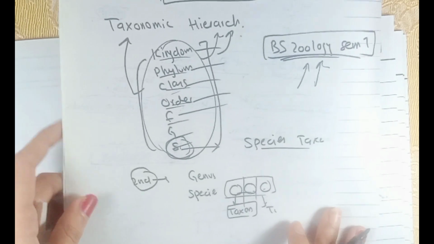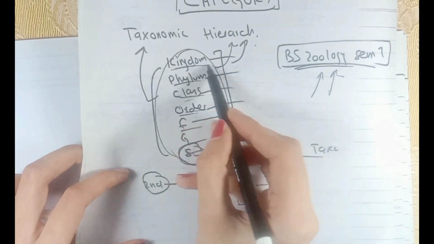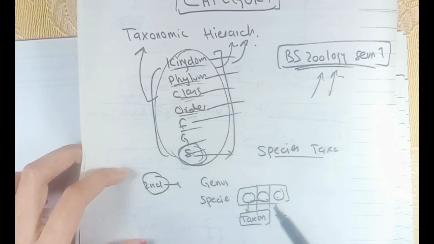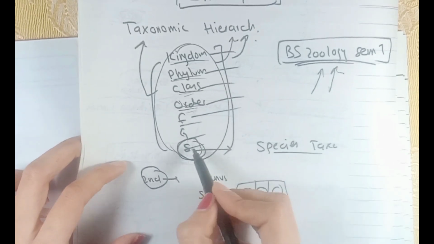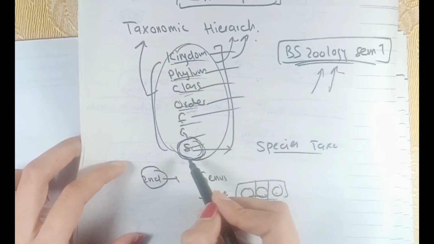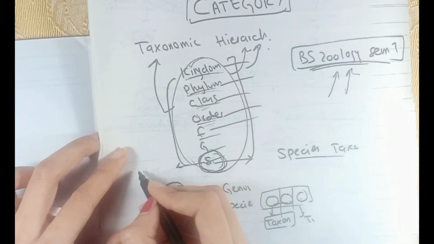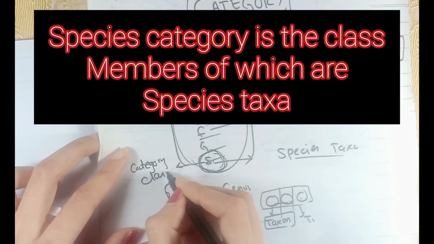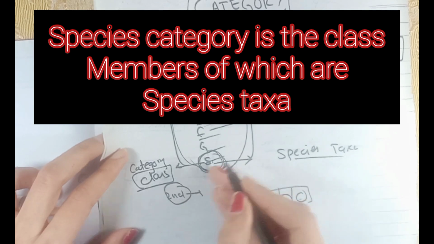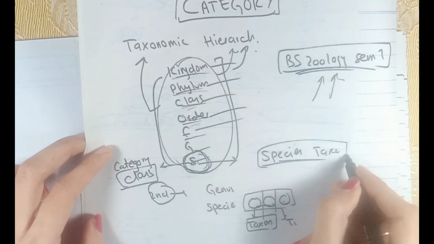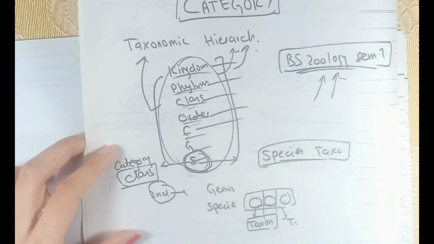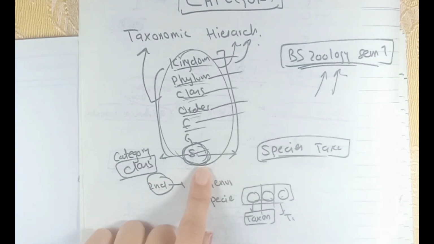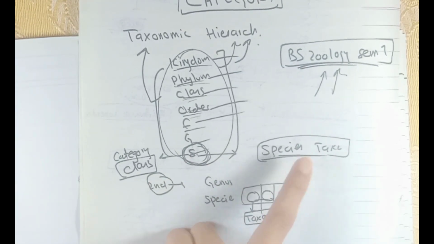So here it is clear that these are the categories: kingdom, phylum, class, order, family, genus, species. And when we talked about the species category, it is the class, and in this class species taxa are present or placed. It means the members of this class are the species taxa.